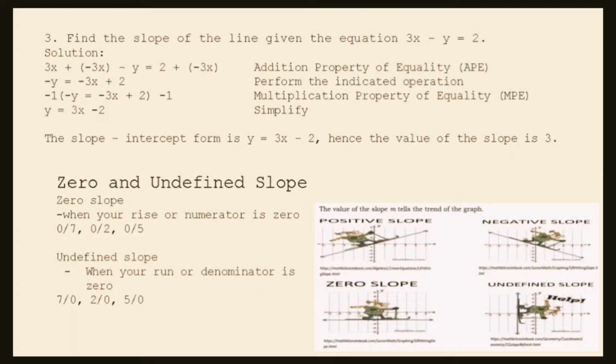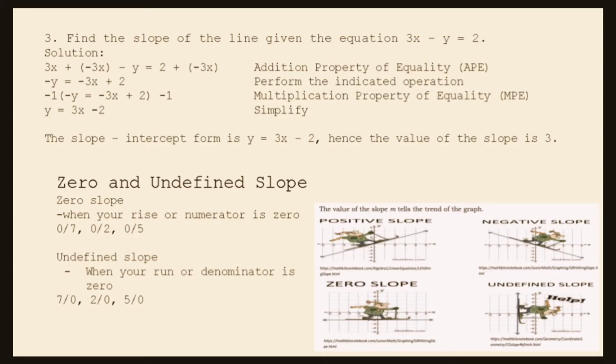Example number 3 is: find the slope of the line given the equation 3x minus y is equal to 2. Ay, sorry about that. So, ganun nga gagawin natin. Kailangan lang natin itira si y sa may left side, tapos si 2, tapos si 3x, kailangan natin siyang i-transpose. Ililipat natin siya sa right side.